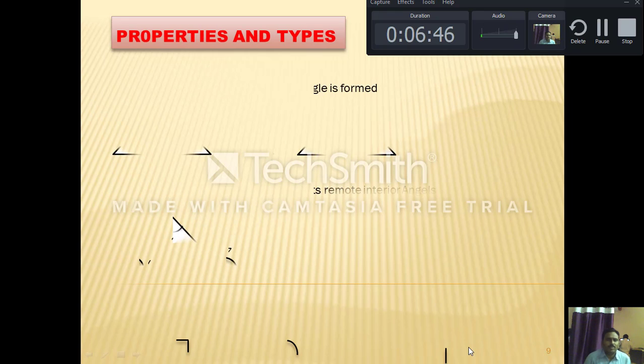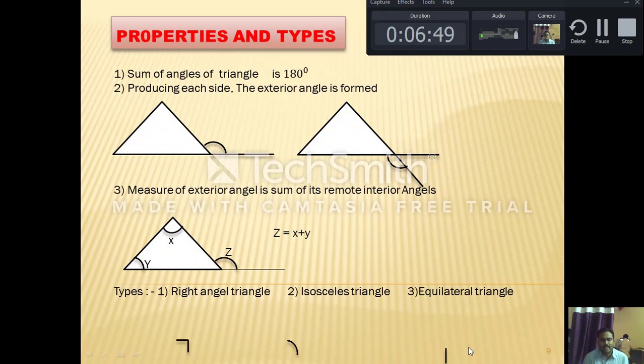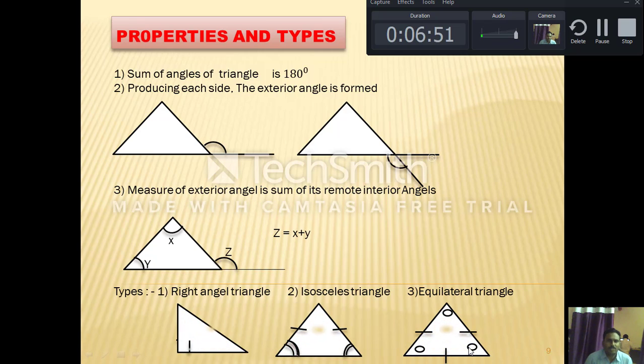Then we will see the properties of a triangle and types of triangle. A very popular property of a triangle is that the sum of the angles of a triangle is always 180 degrees. This is also called the angle sum property of a triangle. Second property: if we produce any side of a triangle, then we get an angle exterior to the triangle. It is called an exterior angle.